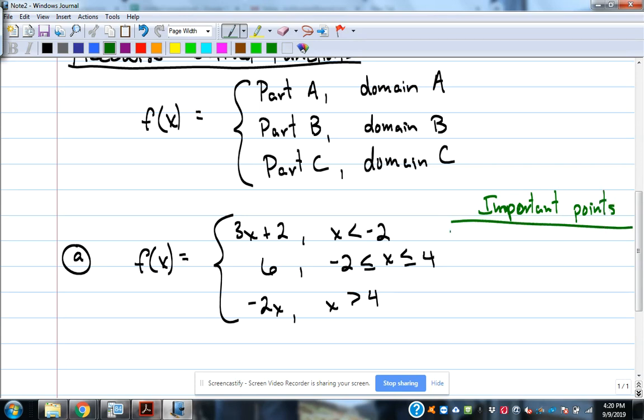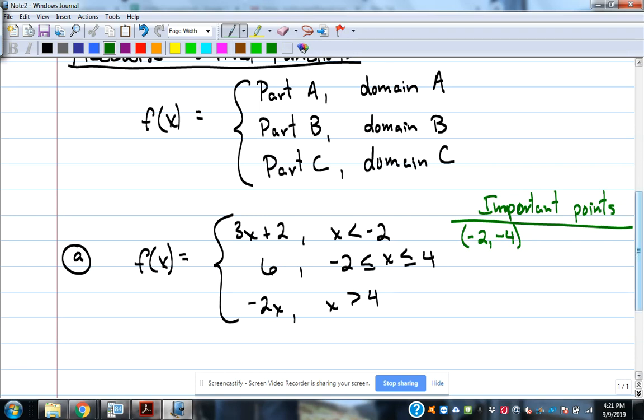Okay, so for the first part, part A, -2 as the x value would be an important point. So if I plug that in as x, -2 plugged in right here would be 3 times -2 is -6, plus 2 is -4. That's an important point for that part of the graph.